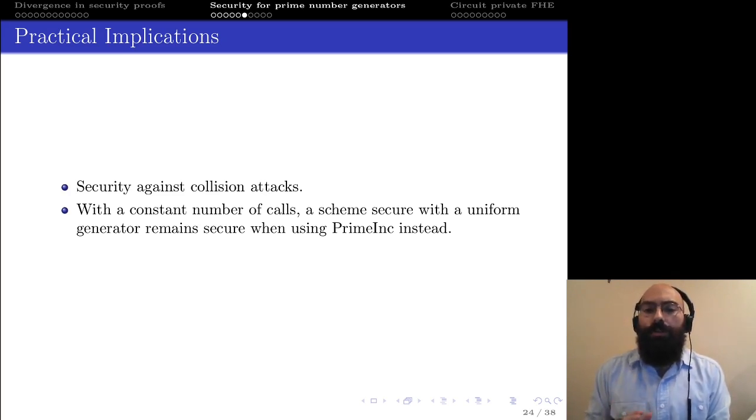And what we mean here, again, we talk about search problems. So what we mean is that if you have a scheme and an adversary that solves a search problem in order to break your scheme, if this adversary can't break the scheme under the uniform generator, it can't break it when you use PRIMEINC.